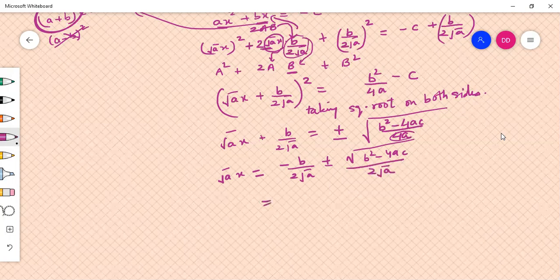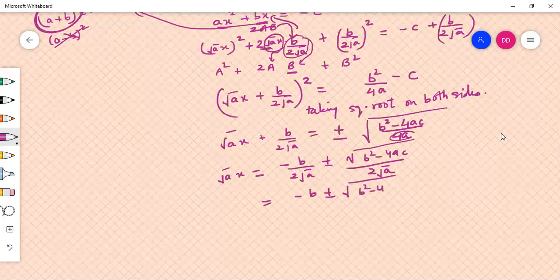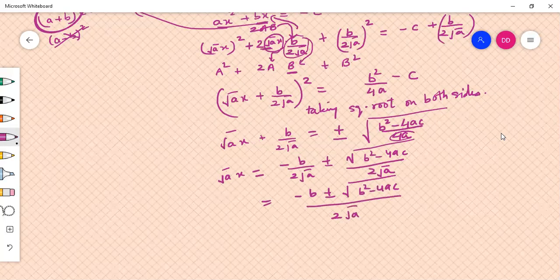Both are 2√a, like terms, so we simply operate on the numerator. Root of b² minus 4ac whole divided by 2√a. This is √a x. So what's my x? √a comes down here: minus b plus minus under root b² minus 4ac over 2a.